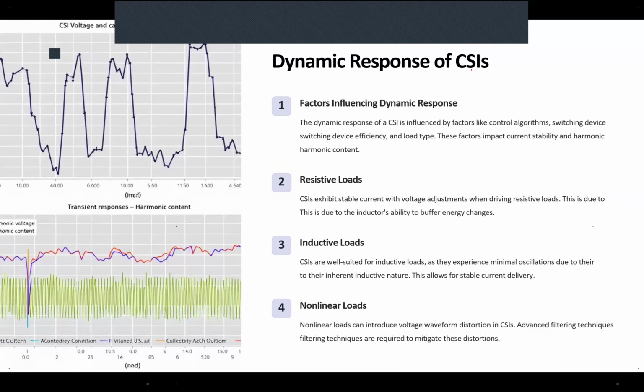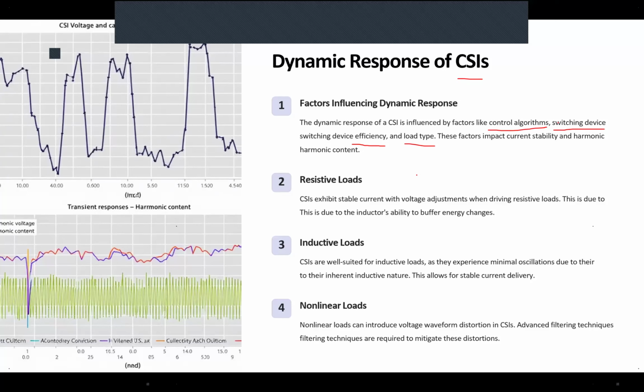How about the CSI? What would be the dynamic response of the CSI? In CSI, the factors that affect the behavior of the inverters in responding to a sudden change are the control algorithm, the switching device efficiency, okay, not the switching device speed, meaning the power loss in switching devices, and the load type.